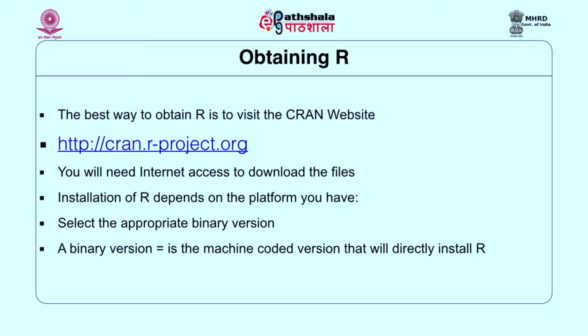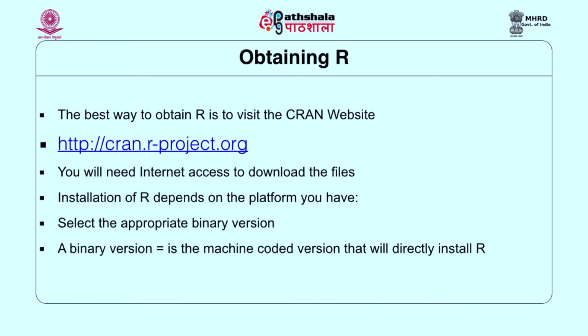Now, what is a binary version? Many people have many different kinds of operating systems, so the R developers, of course, have provided for each of these different platforms. Some people use the Windows operating system. That is known as a platform. Other people use, for example, a Macintosh operating system, or OS X, which is what this particular lecture is being developed on.